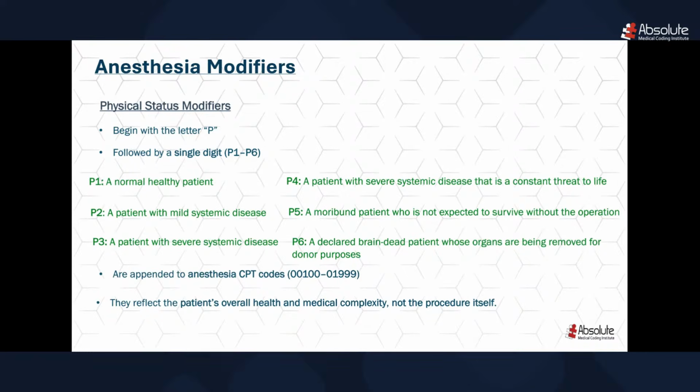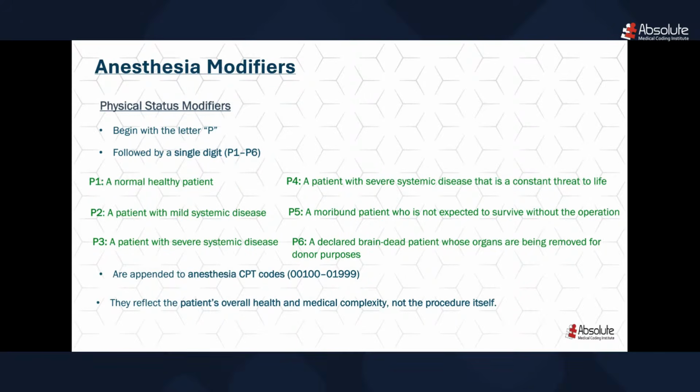Now P1 represents a normal, healthy patient with no systemic disease, no complication. It's a straightforward case. And P2 means the patient has a mild systemic disease, like controlled hypertension or controlled diabetes, nothing life threatening, but not totally healthy either. Then comes P3.